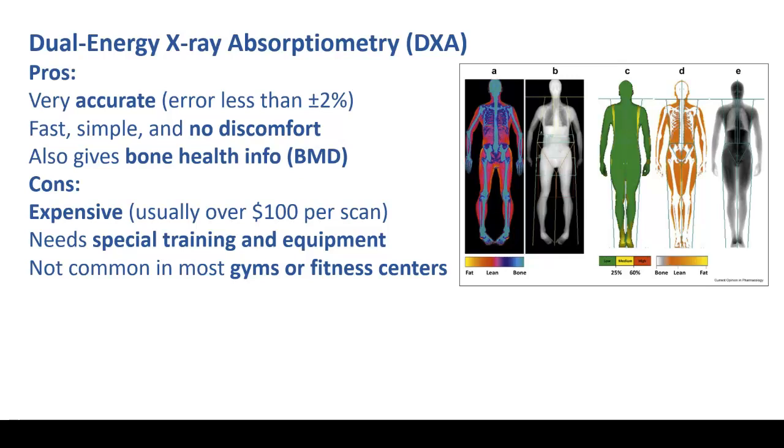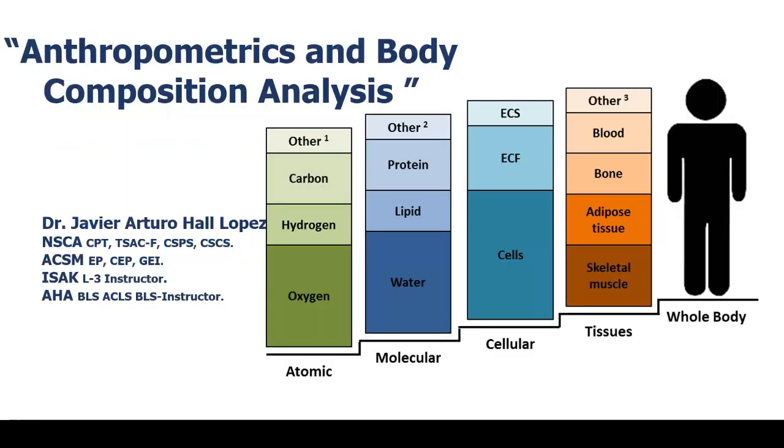The limitation is that it's expensive. You usually have to go to a clinic or medical office or university, and I think 99% of the time it is not available in most gyms or fitness centers.